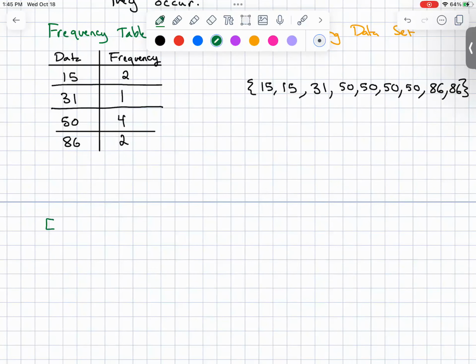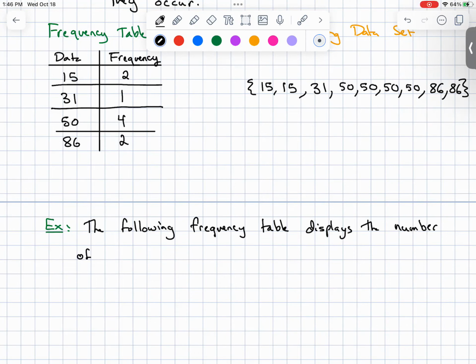So, example. The following frequency table displays the number of students in classes at an elementary school.